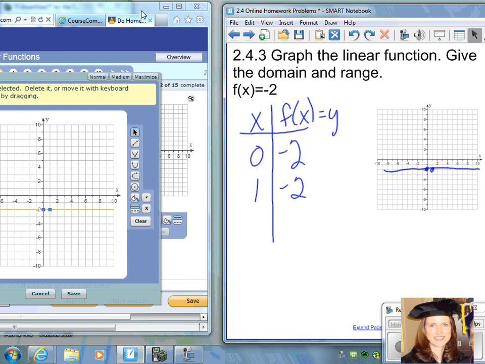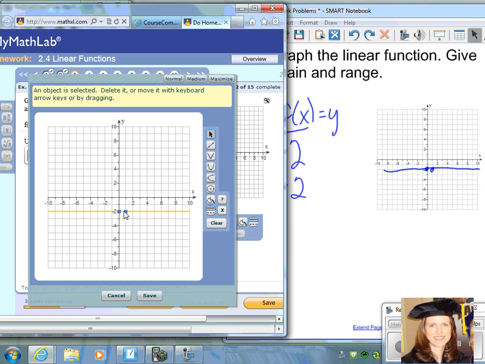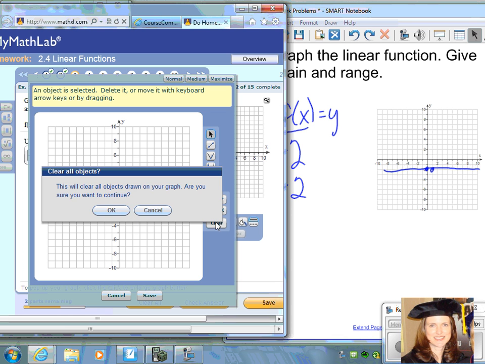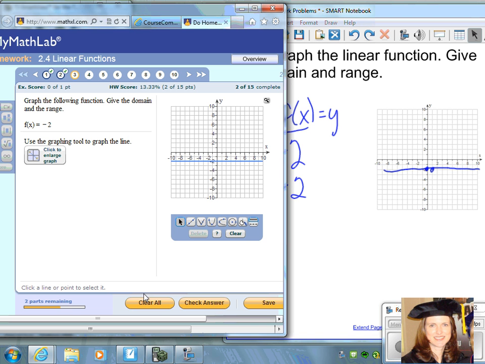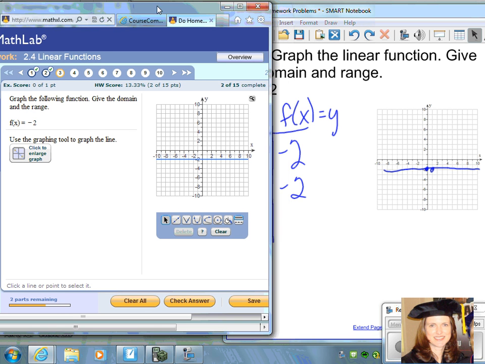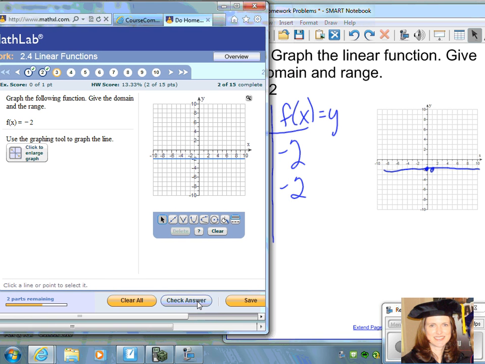Scoot it over a little bit so you can see I plotted. I'll do that one more time. First select the line tool one time, put the point at 0, negative 2, and then the next point at 1, negative 2. And then save that. And let's check our answer.